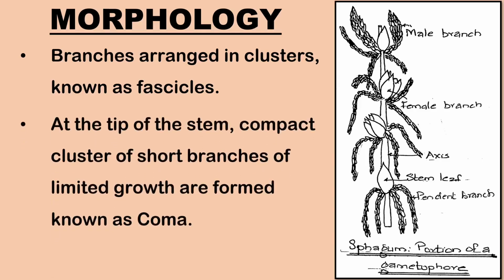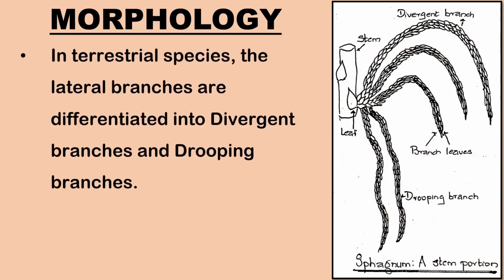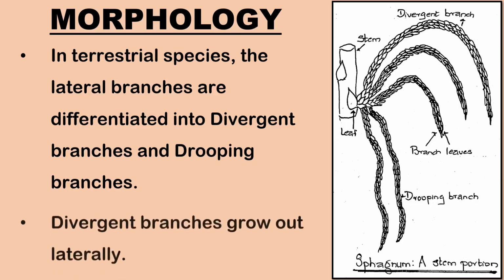At the tip of the stem, a compact cluster of short, stout, young branches of limited growth are formed, known as coma. In terrestrial species, the lateral branches are differentiated into divergent branches and drooping branches.